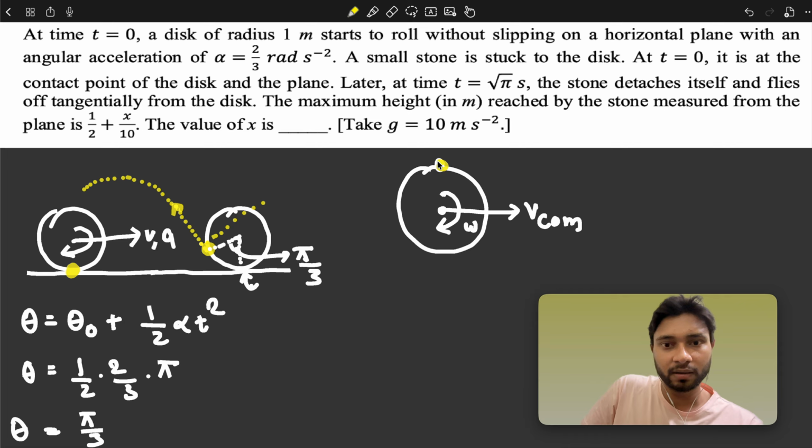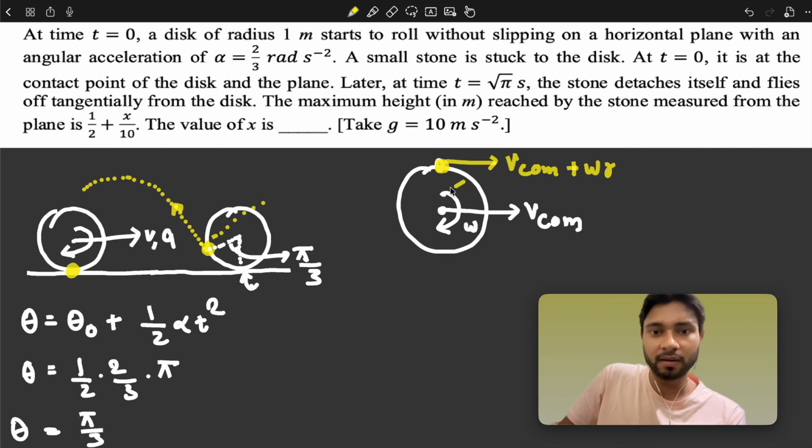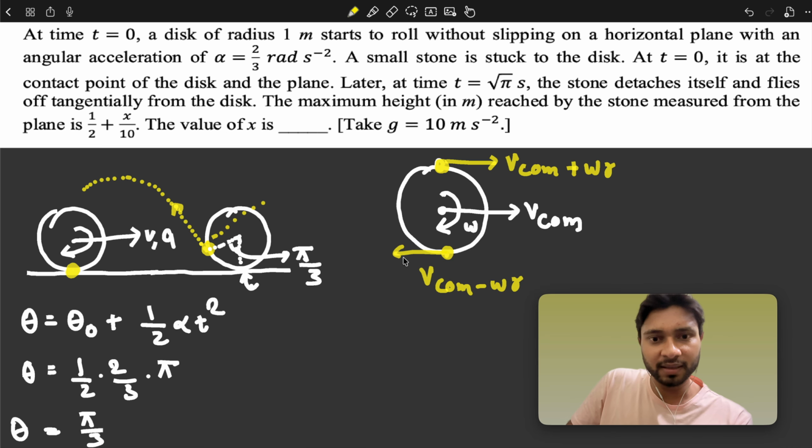This point will have velocity equal to v center of mass plus omega r, if it is doing clockwise angular movement. For this point, velocity will be v center of mass minus omega r, because omega r will be in this tangential direction, and the center of mass velocity is in the right direction.